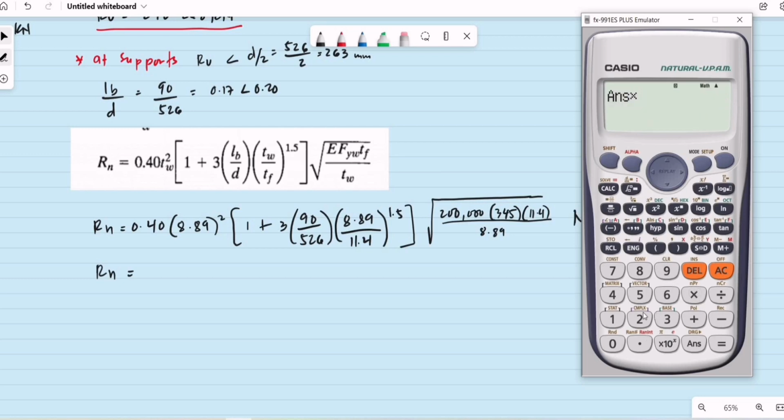Then multiplied by 0.4 times 8.89 squared, then multiplied by the value within the bracket: 1 plus 3 times 90 divided by 526, times 8.89 divided by the flange thickness 11.4, raised to 1.5.